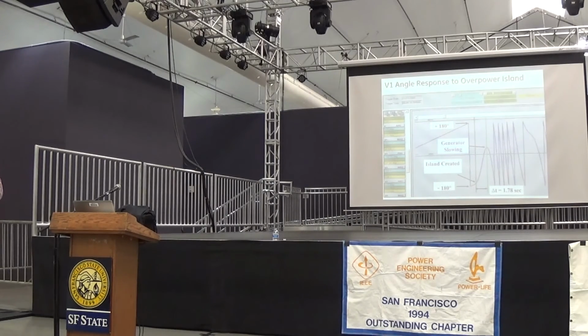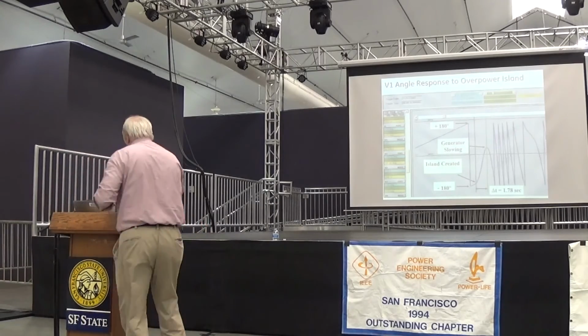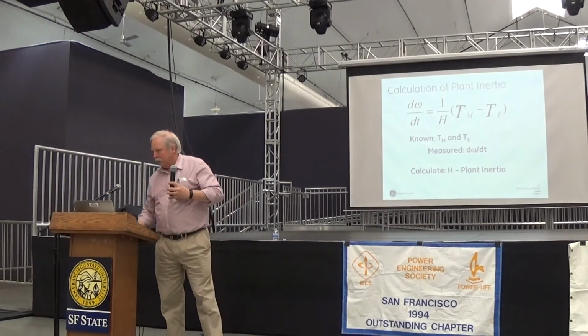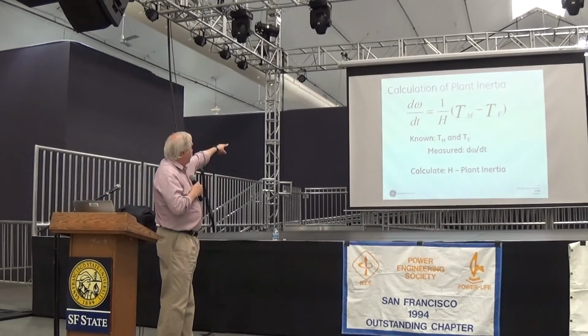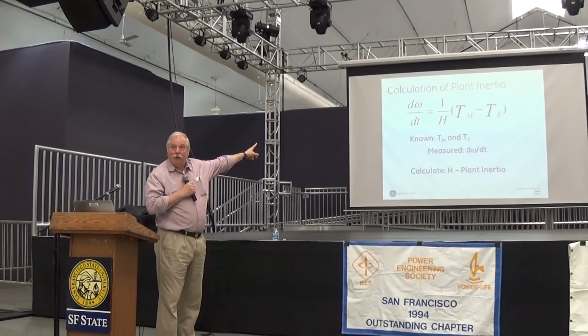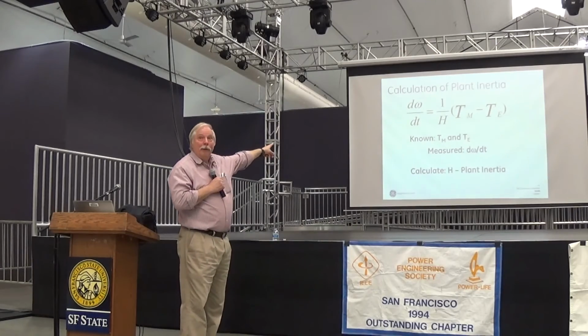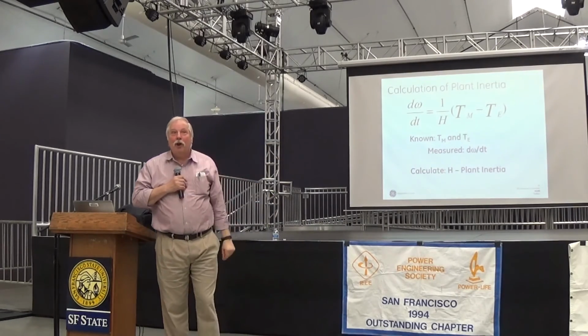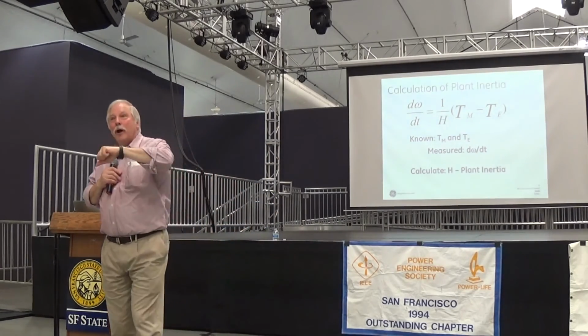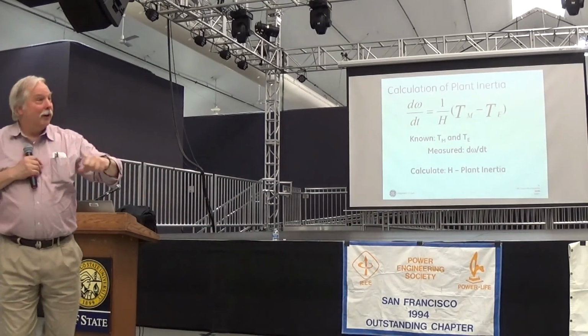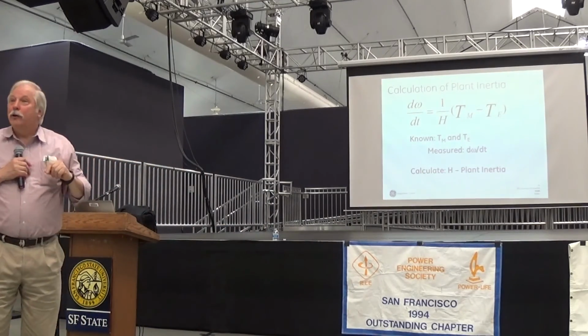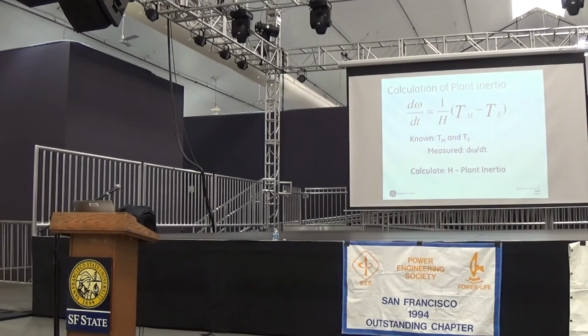Because what do I know? I know d omega dt, the change in speed over time. I know what the mechanical torque was, and I know what the electrical torque was when I instituted the island. I can calculate the inertia of the entire facility using this technique.